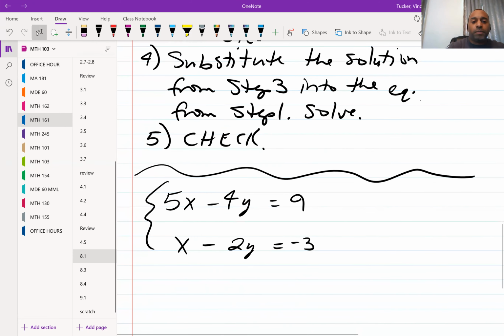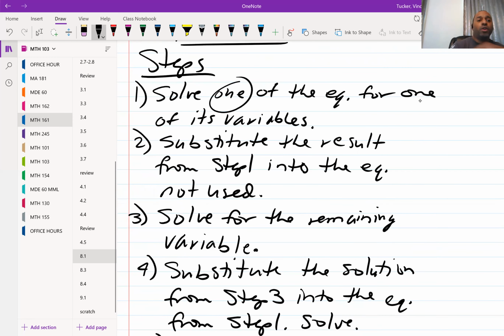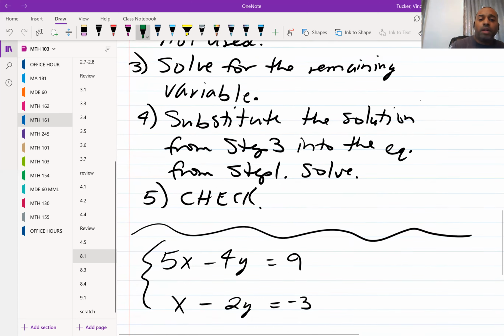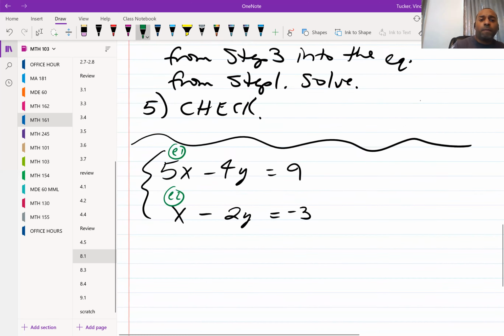All right, so let's look at the first example: 5x minus 4y equals 9, and x minus 2y equals negative 3. The first step is to solve one of the equations for one of the variables. It doesn't matter which one, whether it's x or y, first equation or second equation. Normally I call the first equation equation 1 and the second one equation 2.